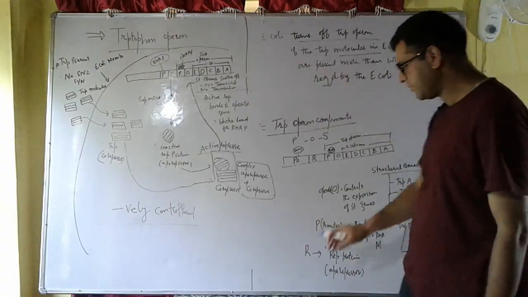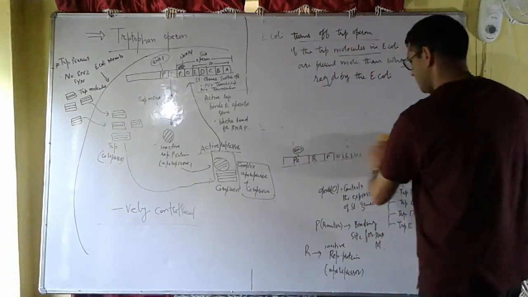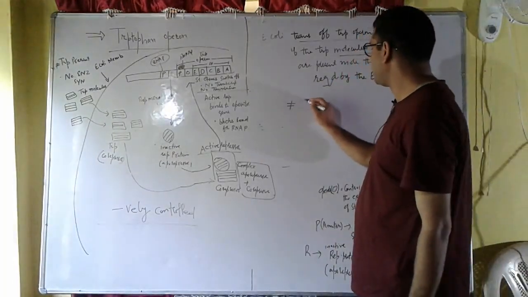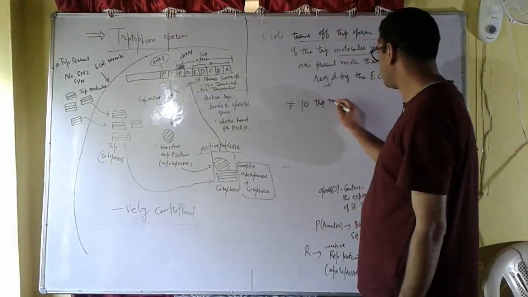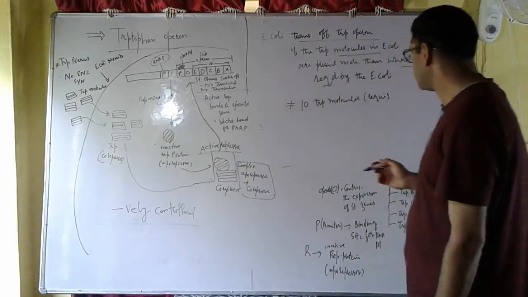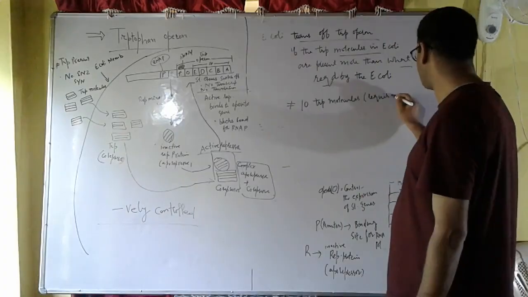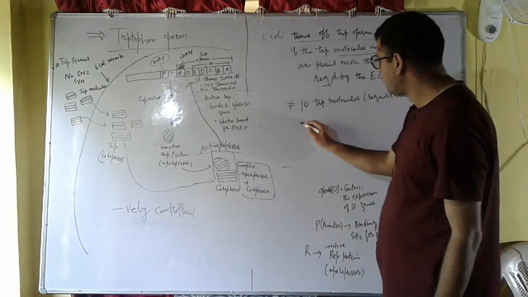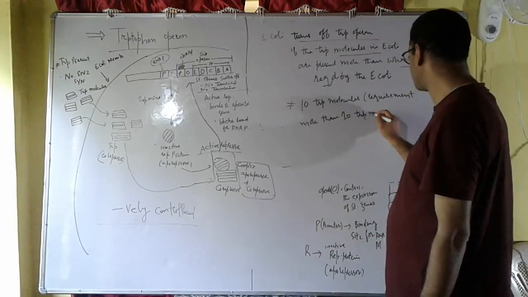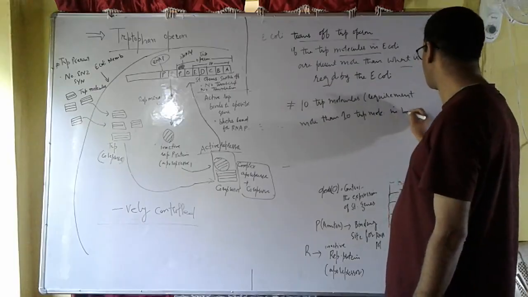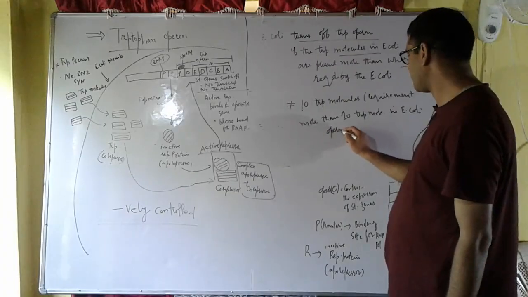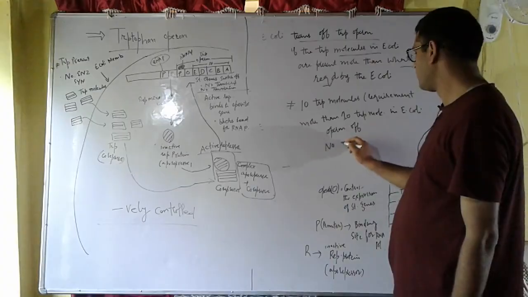It means that, for example, if E. coli requires 10 tryptophan molecules, that is its requirement, and there are more than 10 tryptophan molecules in E. coli, then operon off, no enzyme synthesis.